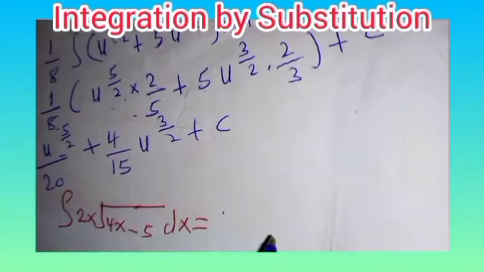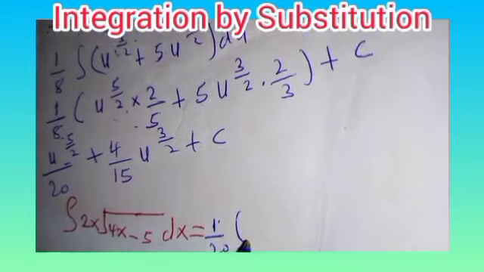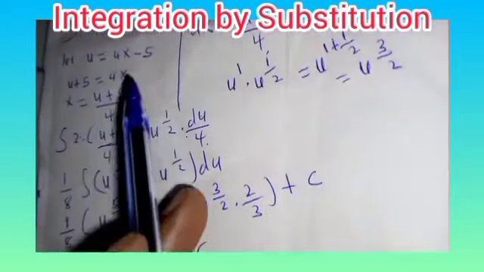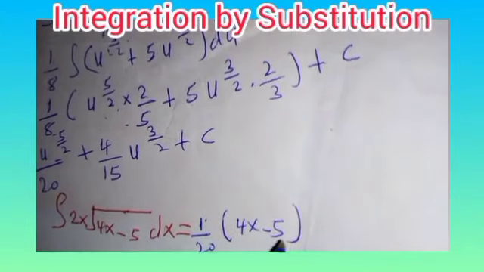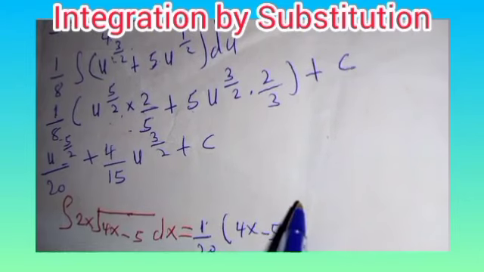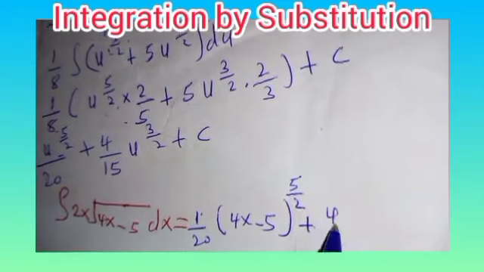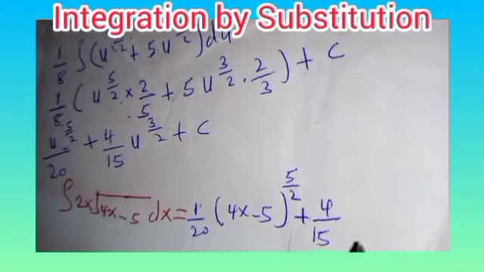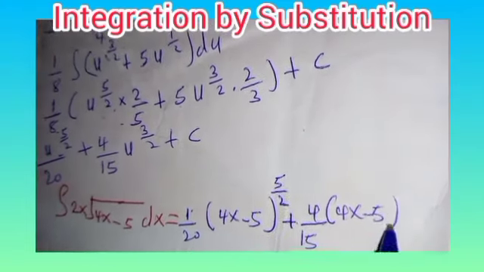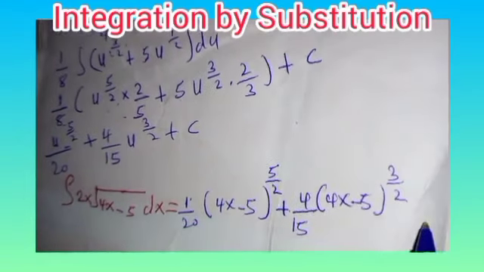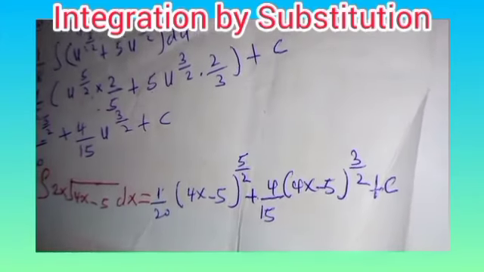So we substitute, and you have 1 over 20 into bracket 4x minus 5, everything power 5 over 2, then plus 4 over 15 into bracket 4x minus 5, everything power 3 over 2, then plus a constant c. So that is the result.